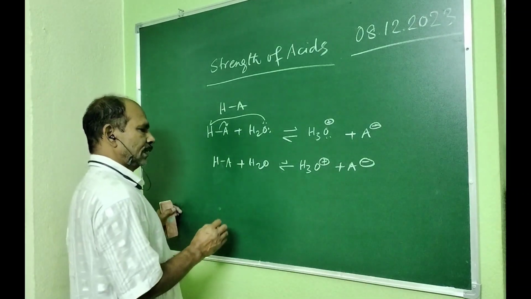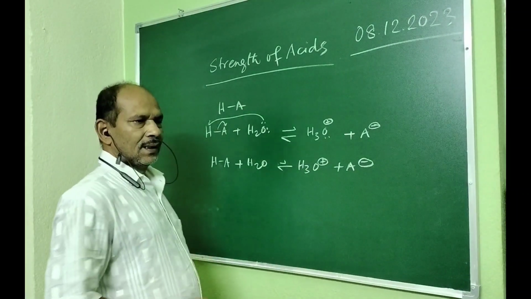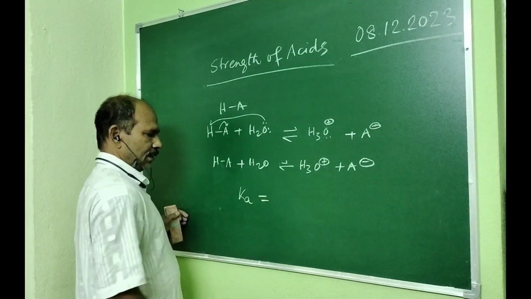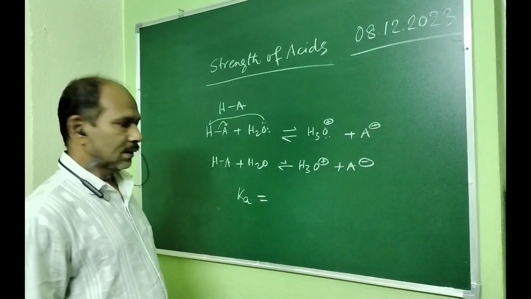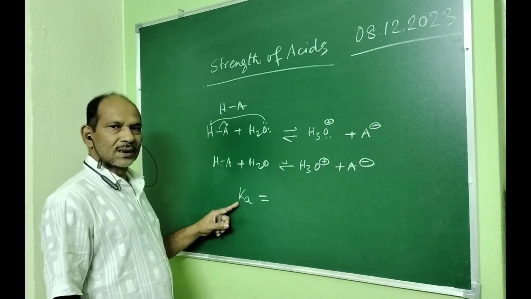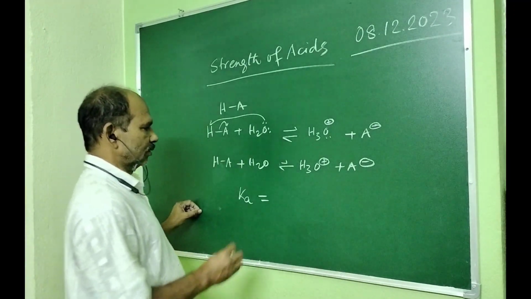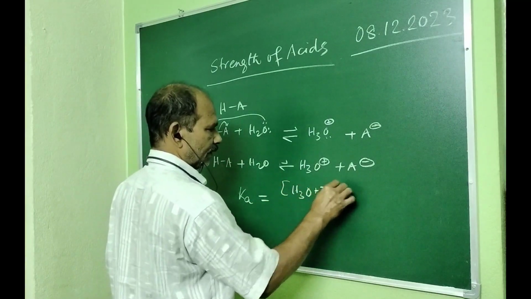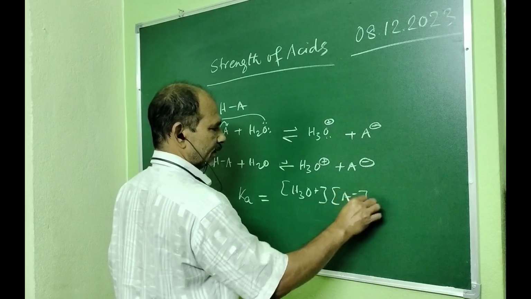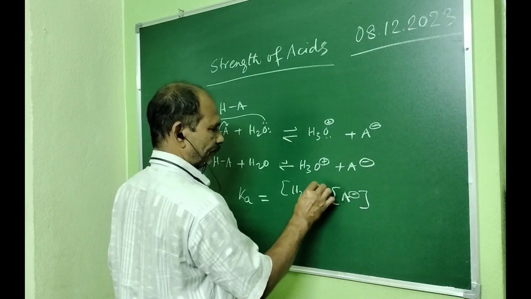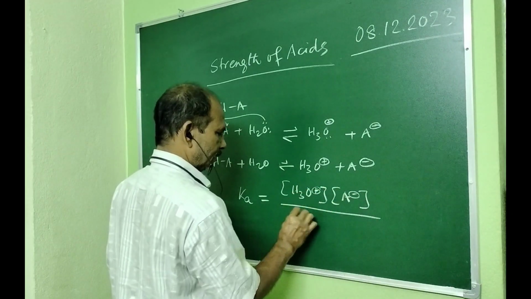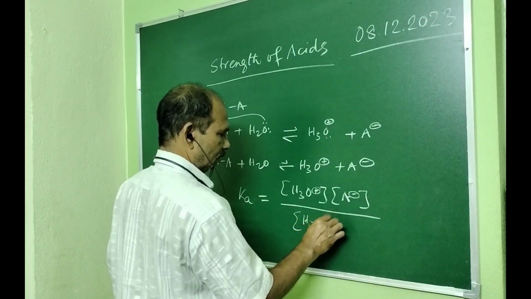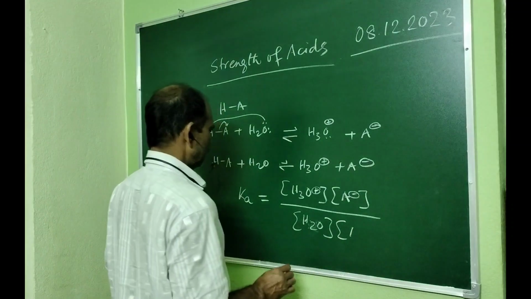So we see K, the equilibrium constant of a weak acid. K equals the concentration of H3O+ times the concentration of A minus, divided by the concentration of H2O times the concentration of HA.